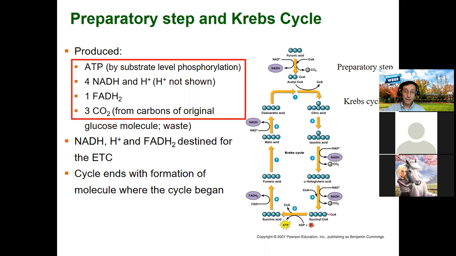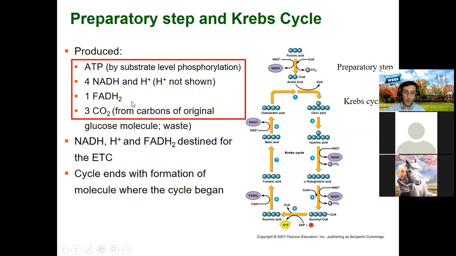Now, as I stated, you do need to know the summary of the Krebs cycle as well as the preparatory step, which I've already talked about. You do generate in the preparatory step and the Krebs cycle 1 ATP, and I pointed that out, it's right here. You do generate 4 NADHs. There's 1 in the preparatory step, 1 right here, 1 right here, and then 1 right there for 4.